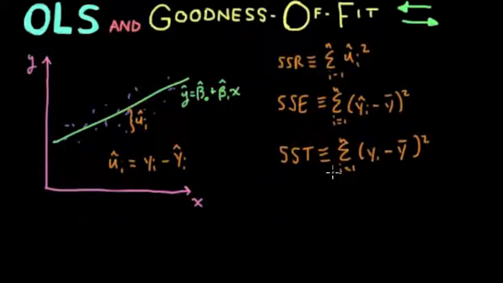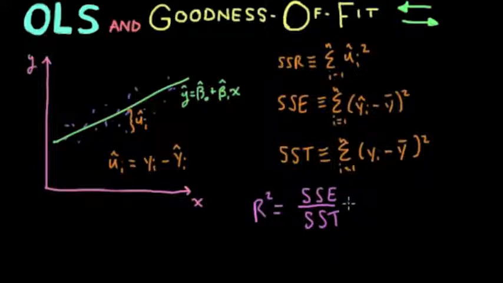So now that we have these three defined, we can define our R squared, our goodness of fit. How well does this estimated regression fit our true relationship between our independent variable x and our dependent variable y? And R squared is defined as SSE, so our explained sum of squares, divided by SST.